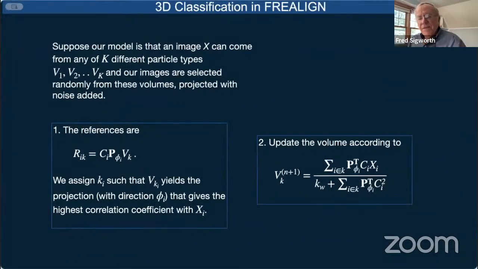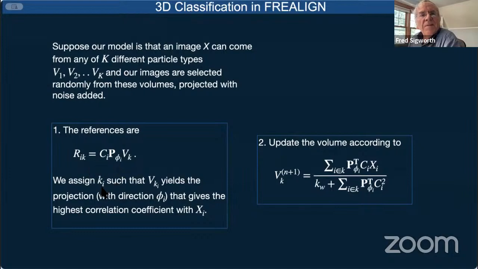Now, FreeAlign now can also do so-called 3D classification. That is where you assume that your image can come from any of k different particle types. And our images are selected randomly from these volumes. We don't know which image came from which volume, but these are projected with noise added. And in that case, then, of course, we have different references that we have to work with.